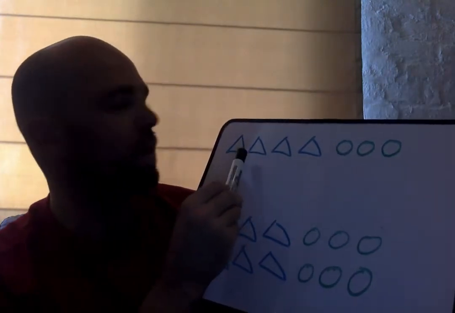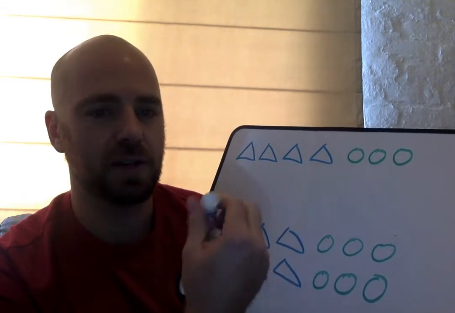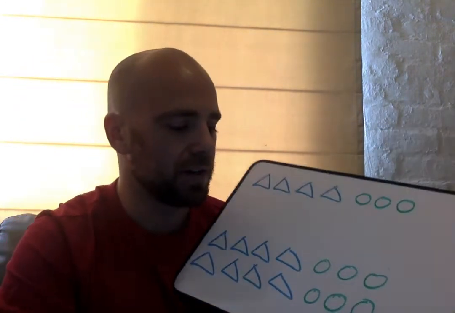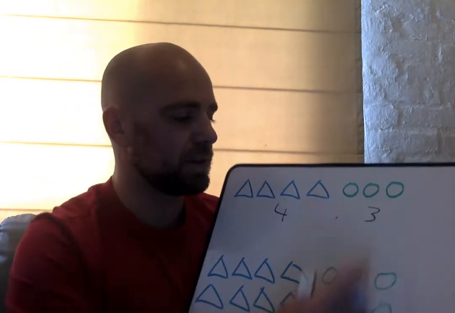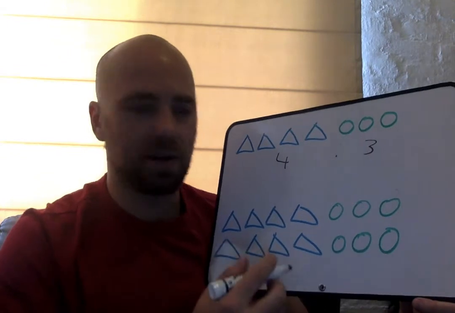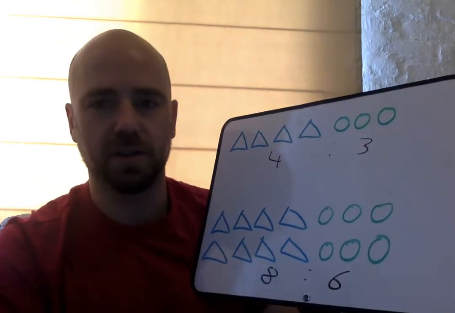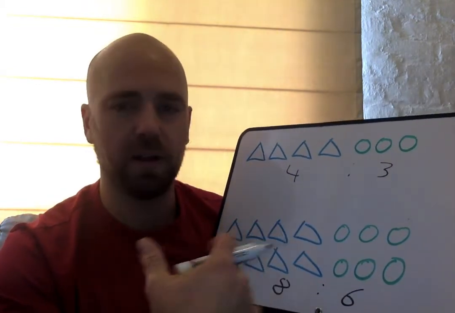So if we're comparing triangles to circles, in this one we have 4 triangles to our 3 circles, whereas down here we have 8 triangles compared to our 6 circles. We're going to use this one a little bit more. These are what we call equivalent ratios.